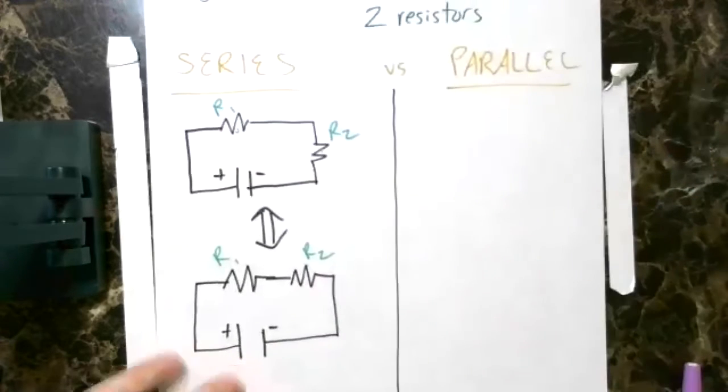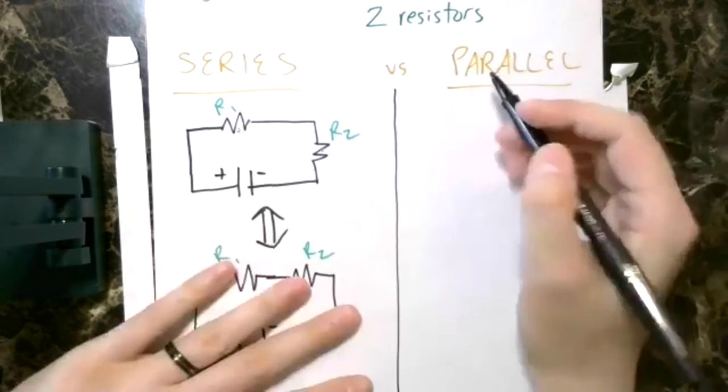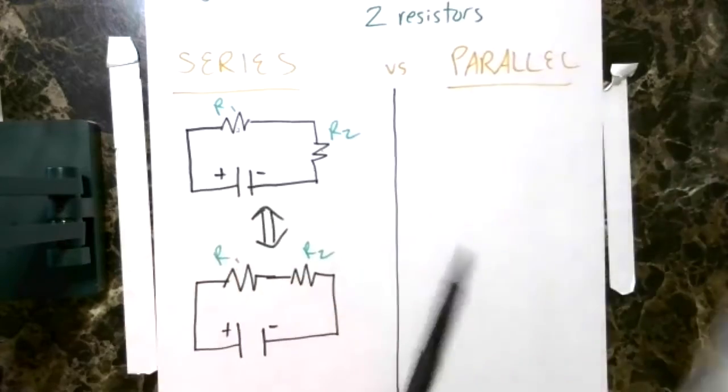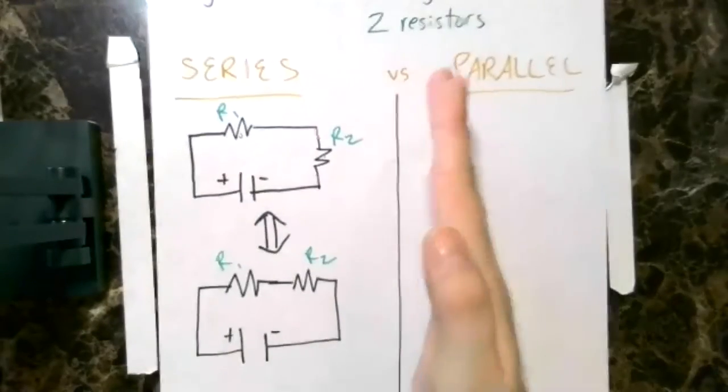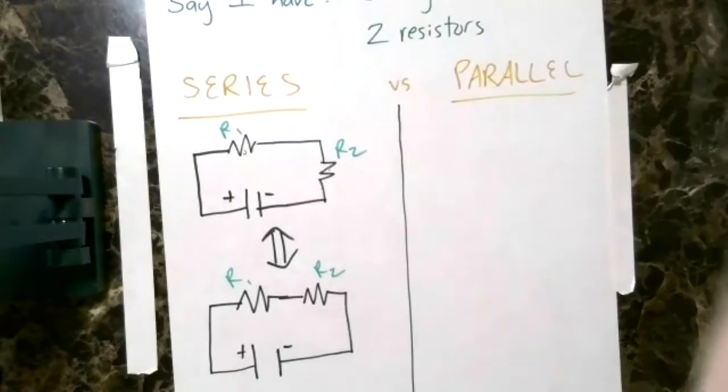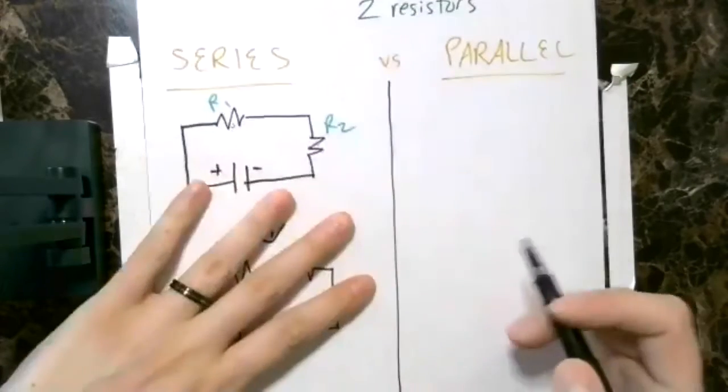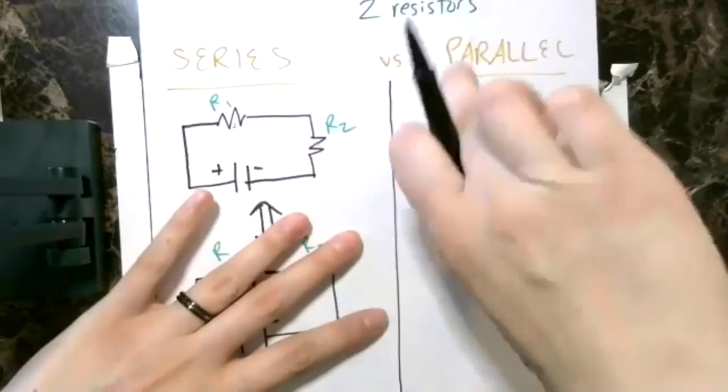Okay, parallel. I'm so bad at drawing these because I'm not good at drawing parallel stuff. Okay, as the name implies, and also from the highway example, we're going to have literally parallel lanes that our resistors are going to go in. I'm just going to rotate it.